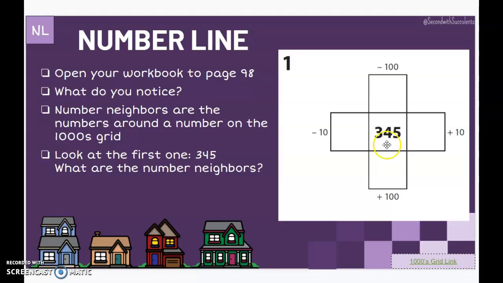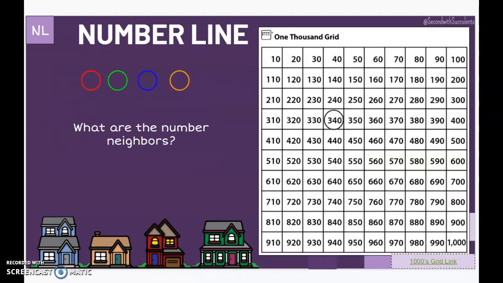Let's see what happens when we add 10 to 340 and see how we can connect that to adding 10 to 345. If we add 10 on our thousands grid to 340, where do we land? Show a thumbs up if you're thinking 350. That's good thinking. That's 10 more.